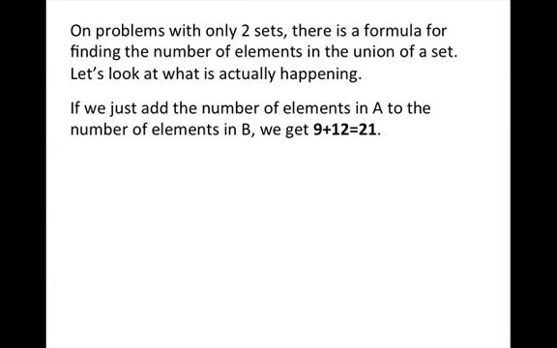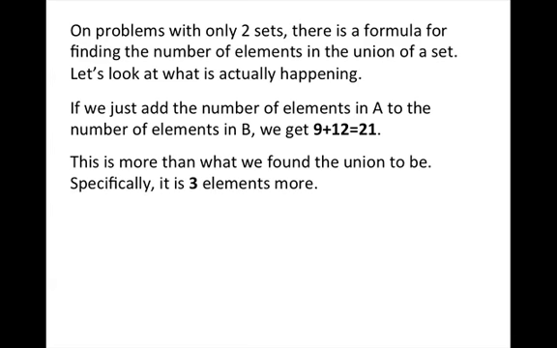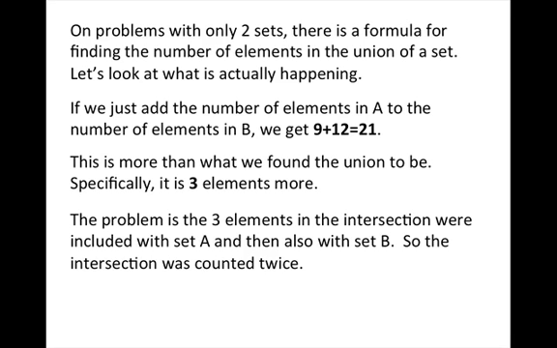Well, as we saw from the Venn diagram, we only had 18 total elements. What's happening are the 3 elements in the intersection. The 3 elements in that intersection were the elements that were included in set A and also in set B. So when I add the 9 and the 12, those 3 elements are getting added twice.